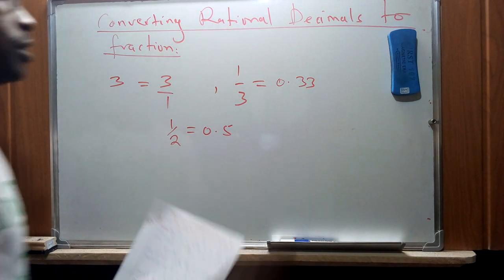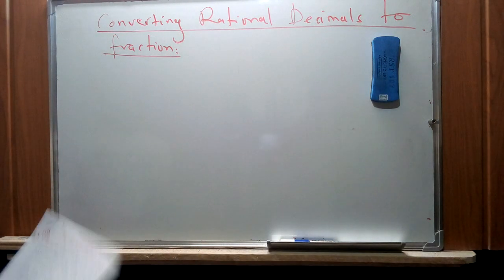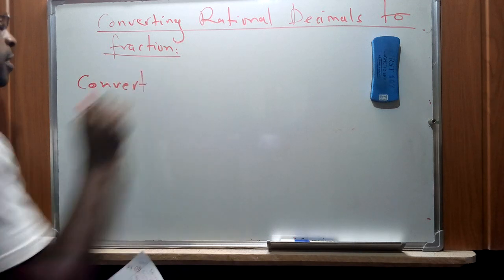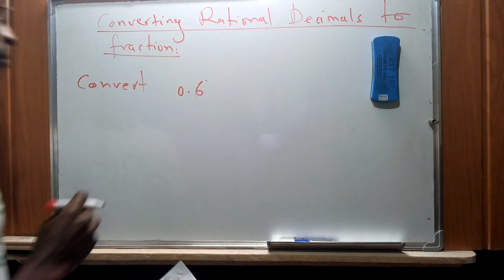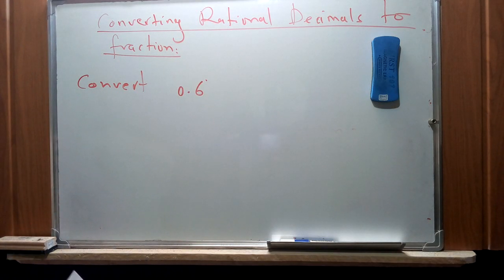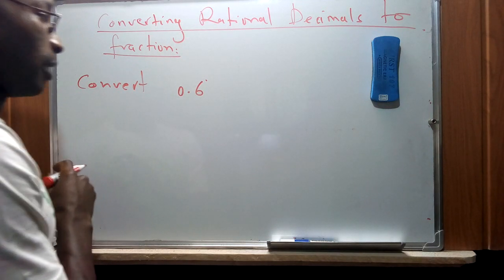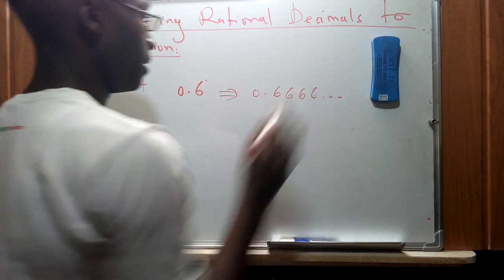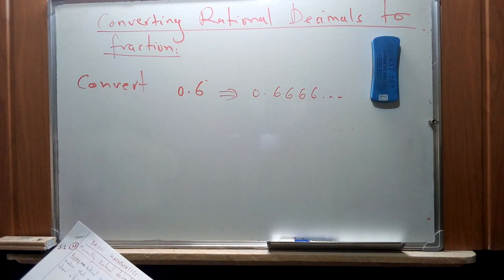Now we're going to illustrate that by using an example. For instance, if we are requested to convert this rational decimal to a fraction, the symbol there means that this number is repeating, so this implies 0.6666 and so on.